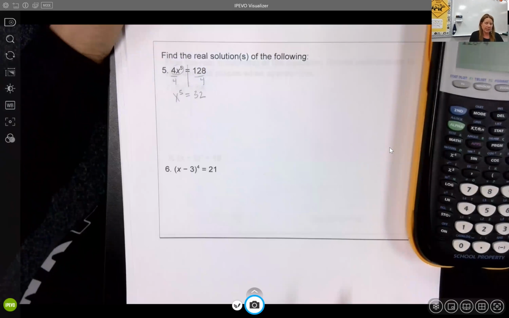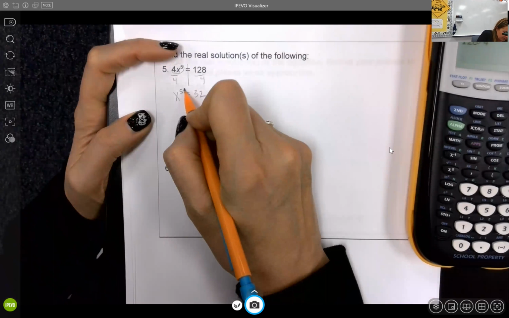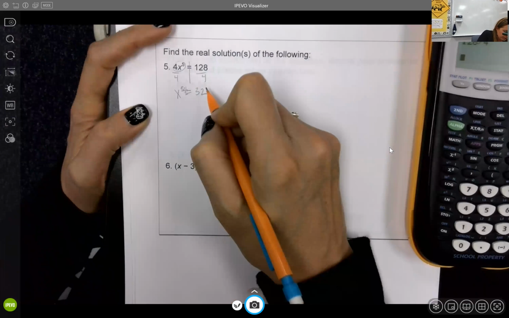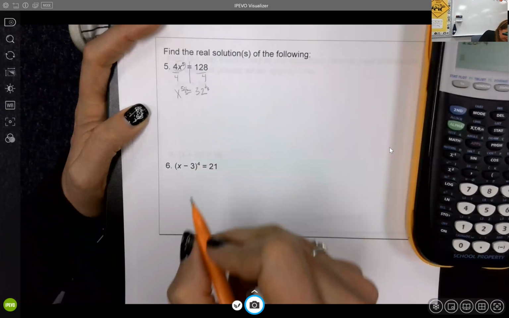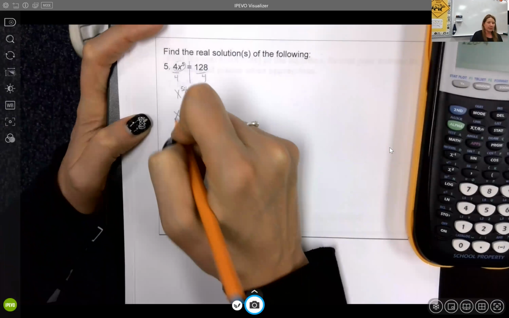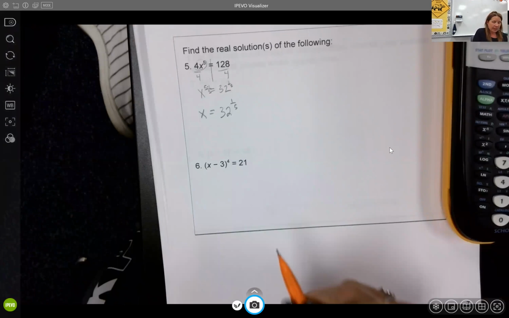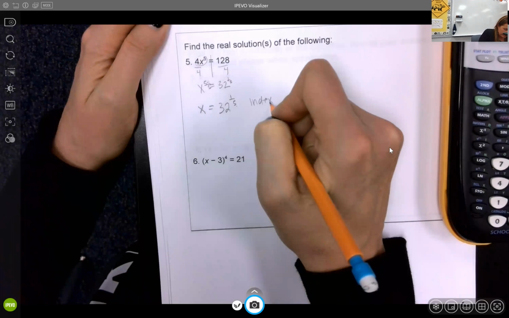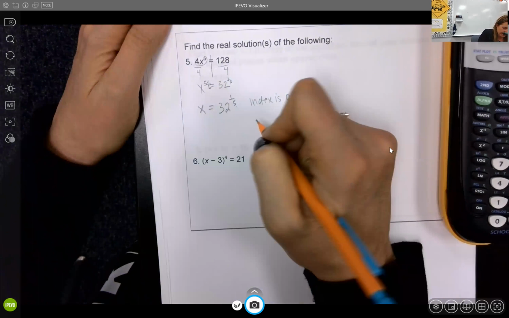And I'm going to notice that this is a 5. So to get rid of 5, I actually multiply this by 1/5. Okay, so I'm doing 32 to the 1/5 power. So 32 to the 1/5 power is equal to x. Now, we notice that the denominator is 5, so the index is odd. So the index is odd, so only one answer.